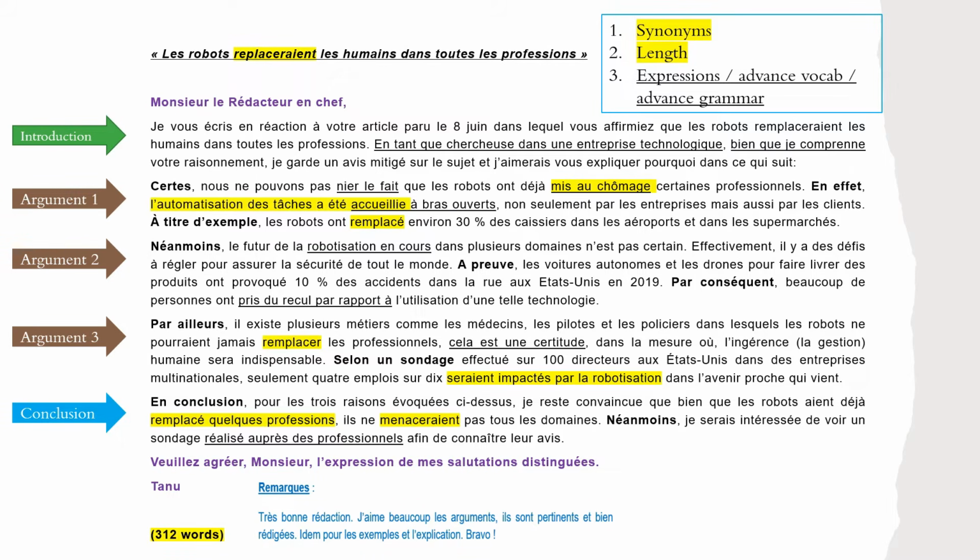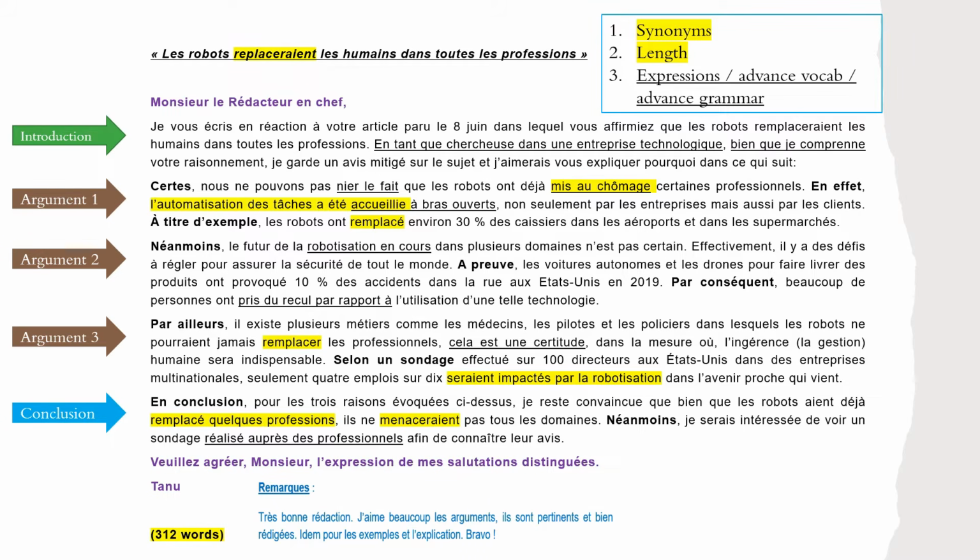Then in the second line, I'm using l'automatisation des tâches a été accueillie à bras ouverts. Now, accueillir à bras ouverts is also a good expression. I'm saying that this trend has been welcomed with open arms, which is also kind of similar to saying that it has been replaced. And then in the third argument, I'm using remplacer once.